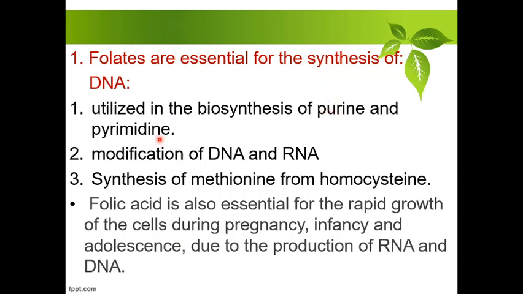They are utilized in the synthesis of DNA during the replication of DNA. So whenever there is a new development or a fetus is there, or the rapid growth is there, adolescence is there, it means that the rapid cell division is required.